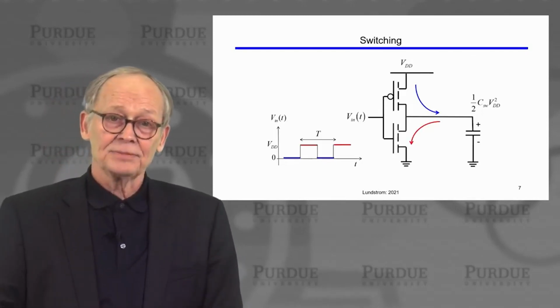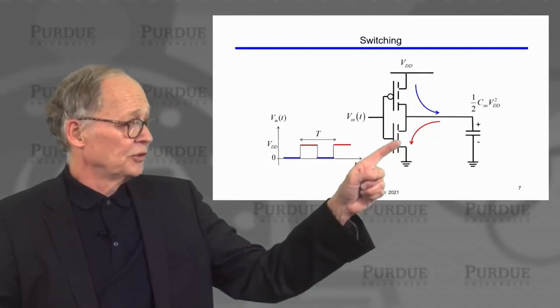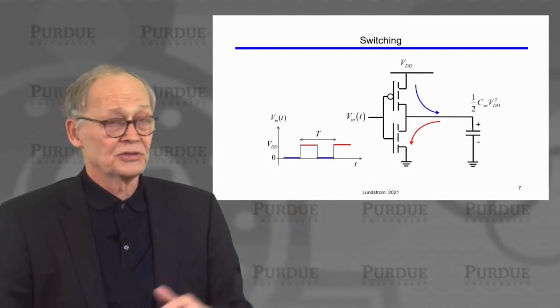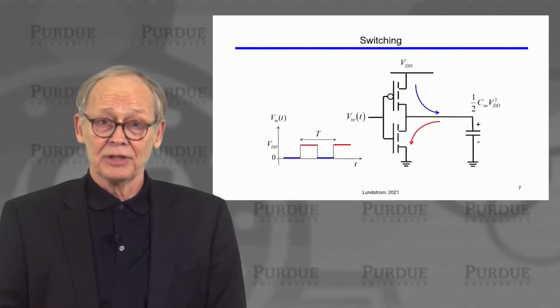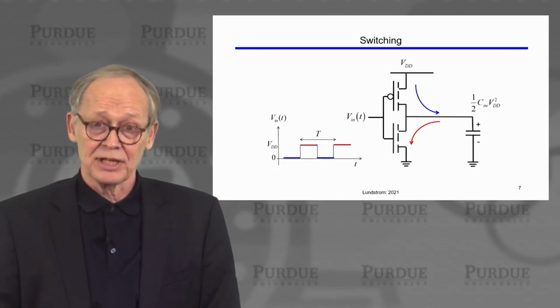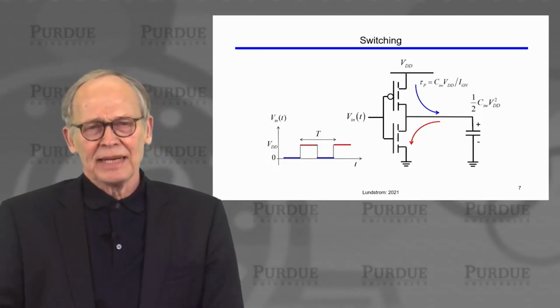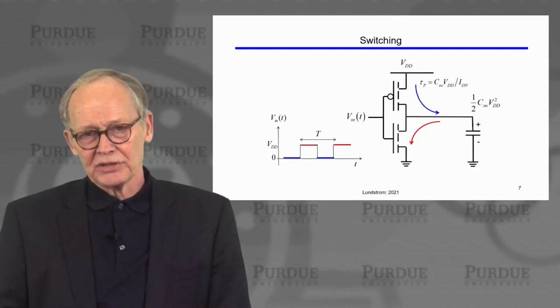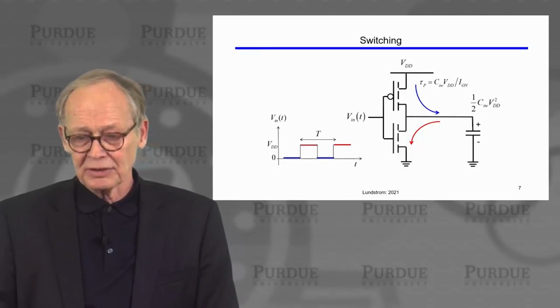Then on the next cycle, when the input signal goes high, the N-channel device turns on, the P-channel device turns off. That energy stored in the capacitor now is dumped to ground through the N-channel transistor. We can estimate the time it takes to put the energy into the capacitor or to pull the charge out of the capacitor.